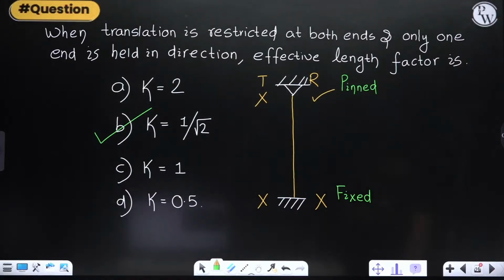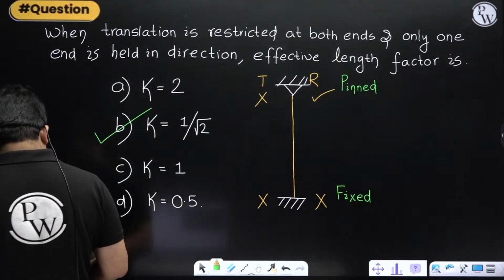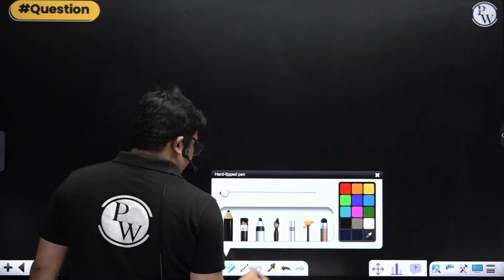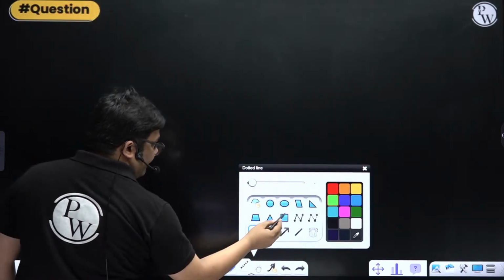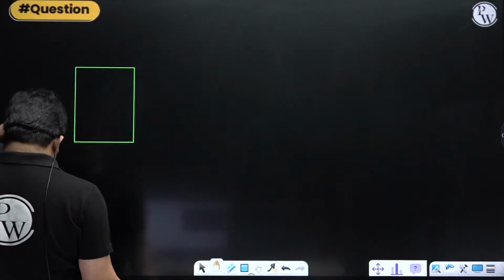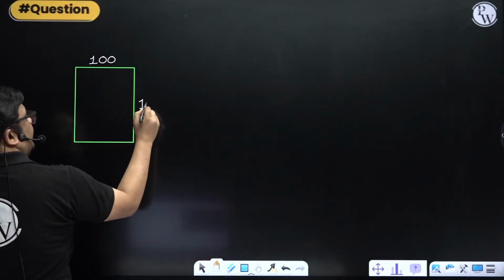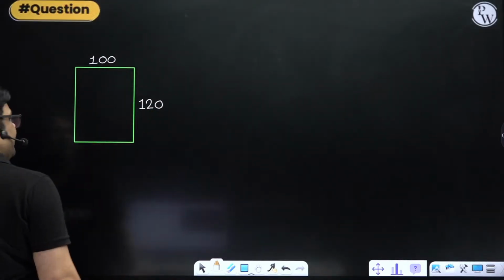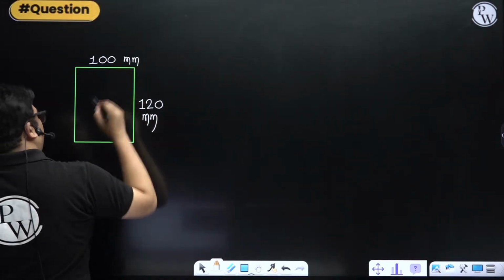Let me write down the question. Suppose we have a rectangular cross section column like this, and the dimensions are 100 and 120 mm.